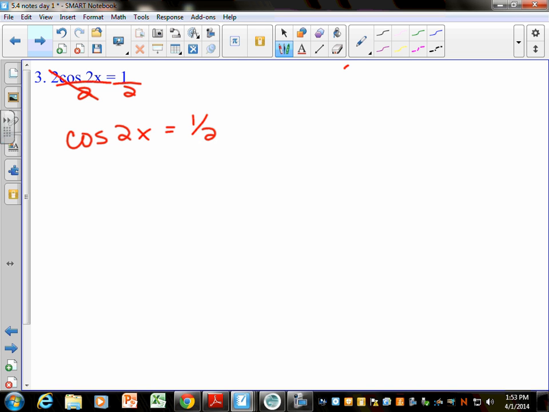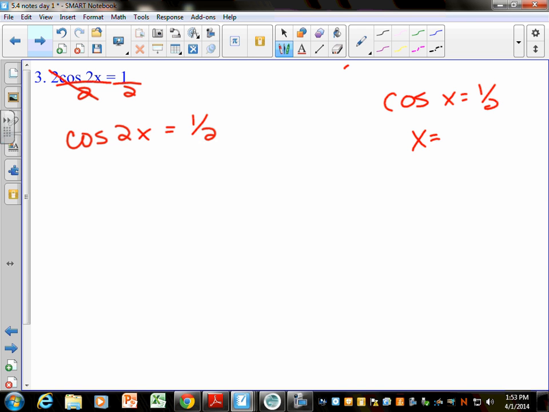Now, there are other ways we could do this problem. We could use the identities. I think we could use the one with the cosine squared in it, and we could get cosine by itself, and we could take the square root of it, and we could do a whole bunch of stuff there. But I want to show you a way that I think is easier, but it kind of makes you think a little bit more. Normally, when we solve a problem, it's just x here, and we say, where does cosine equal 1/2?